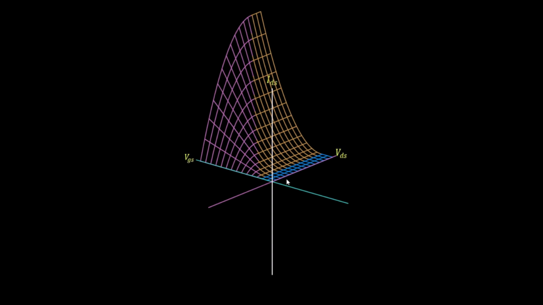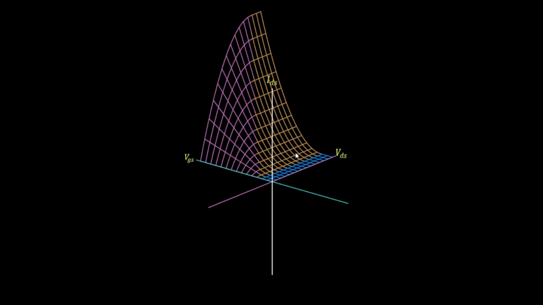You can see that we're going to have the output voltage VDS along this axis, the input voltage VGS along this axis, and the output current IDS along this axis. The blue region here is going to be the cut-off region. The pink region here is going to be the linear region, and the yellow region here is going to be the saturation.